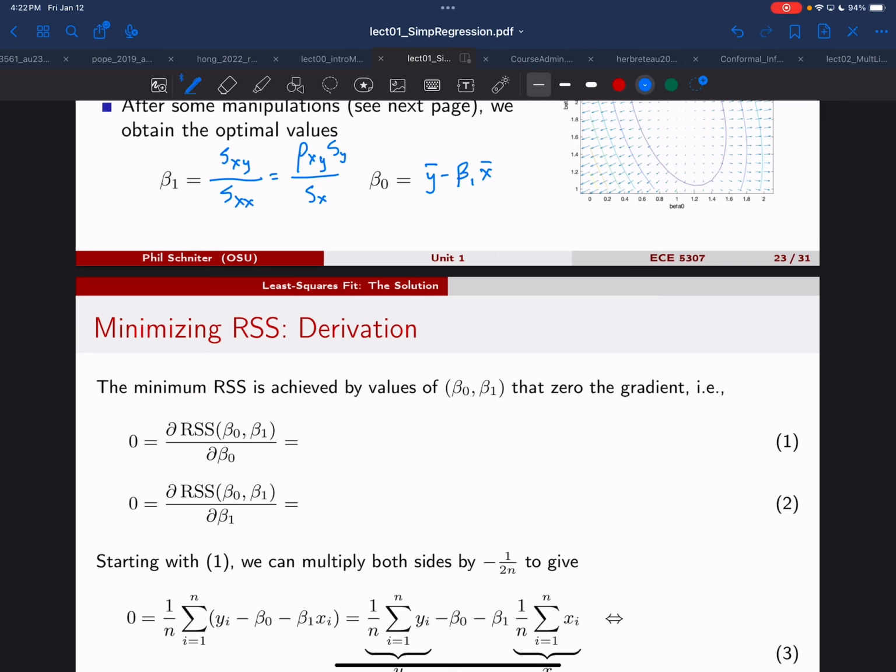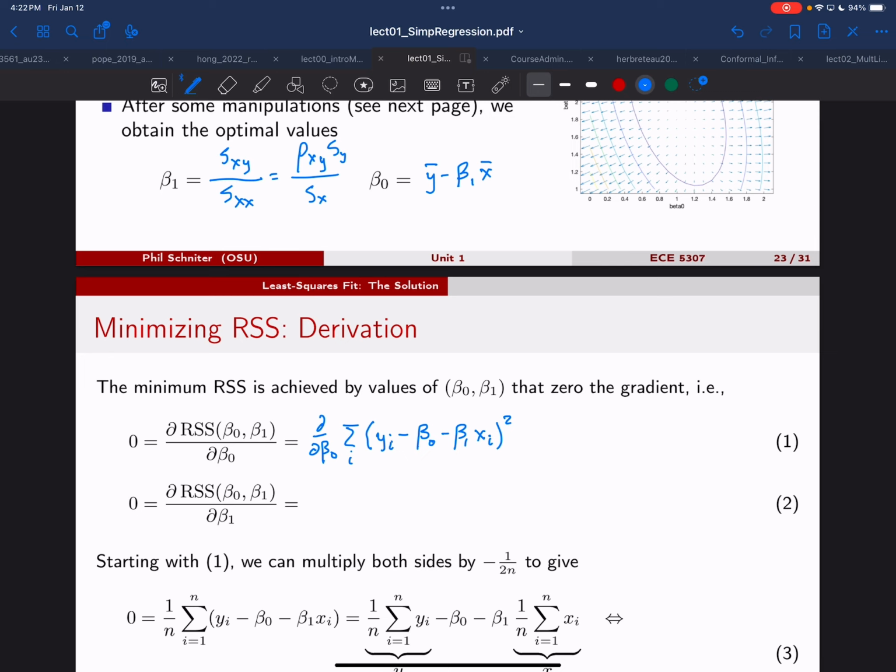We're taking the derivative with respect to beta 0 of the RSS, so that is y_i minus y hat, but let's write y hat explicitly in terms of the betas: y_i minus beta 0 minus beta 1 times x_i, and then we square that to get RSS.